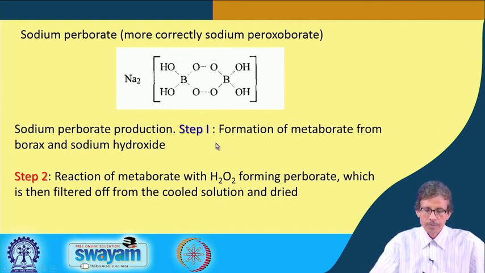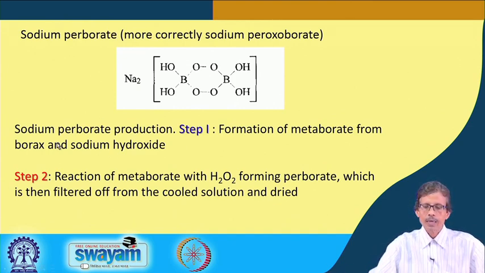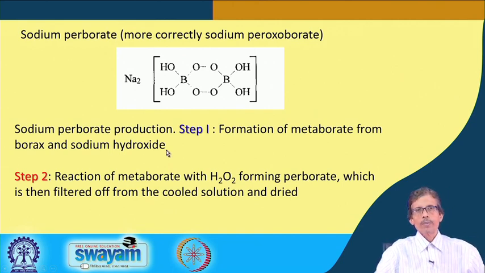As we have just seen from the reactions, step 1 comprises the formation of the metaborate from borax and sodium hydroxide. Borax is the starting material, because it is basically a boron mineral, reacted with sodium hydroxide.